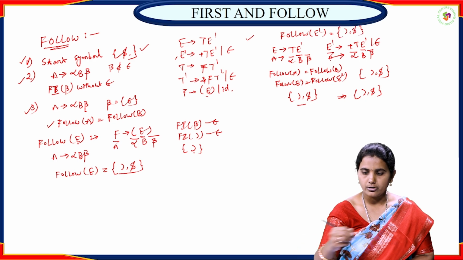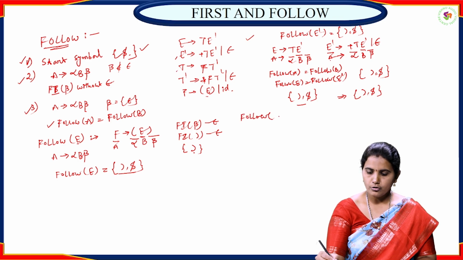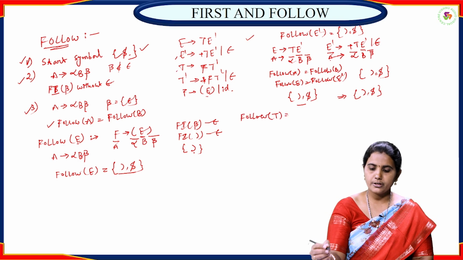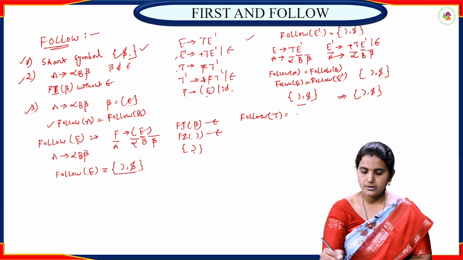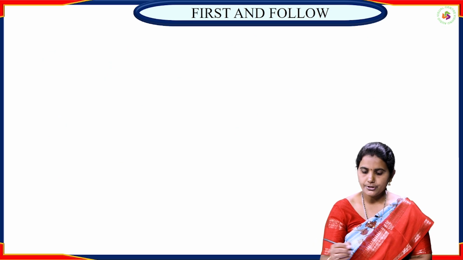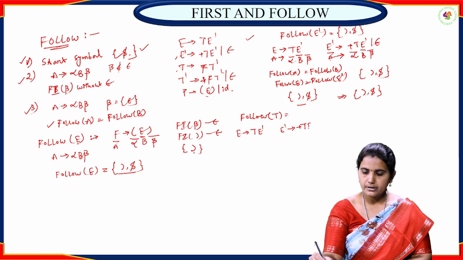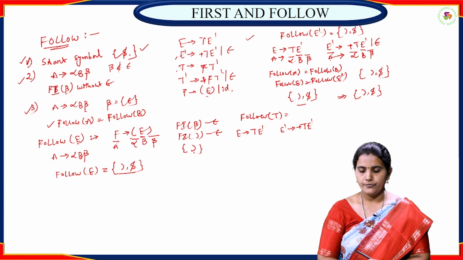Now go for the next symbol, that is T. Follow of T. Now go for the first production. T is found in the first symbol. Now E dash implies T E dash, and go for the next production. T is also found: E dash implies plus T E dash. Okay.